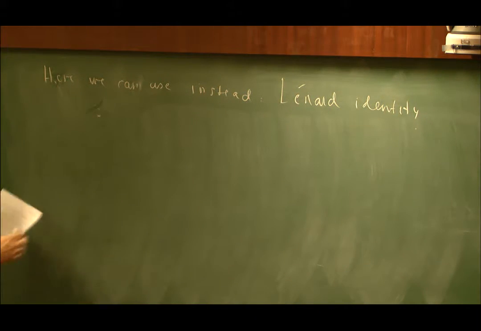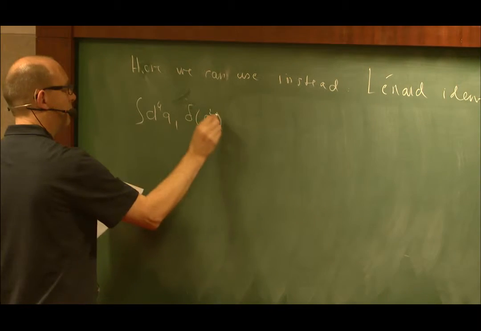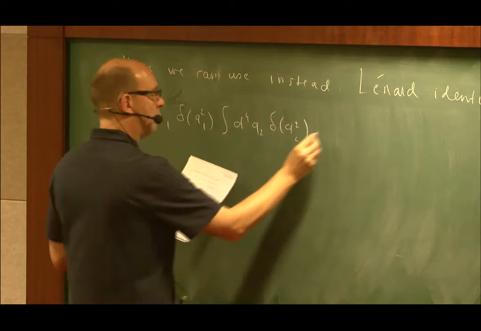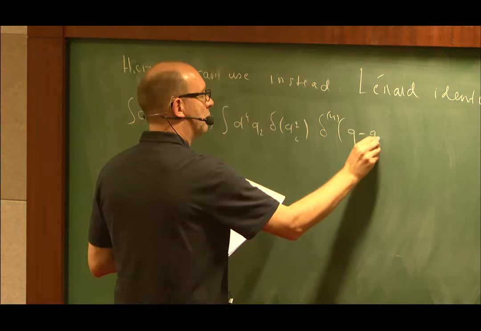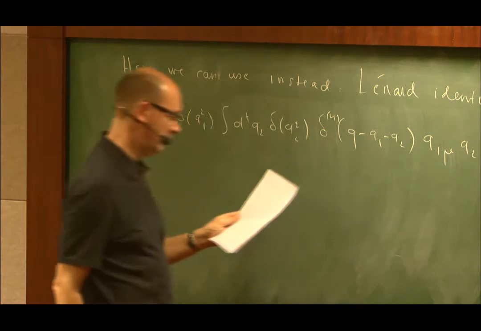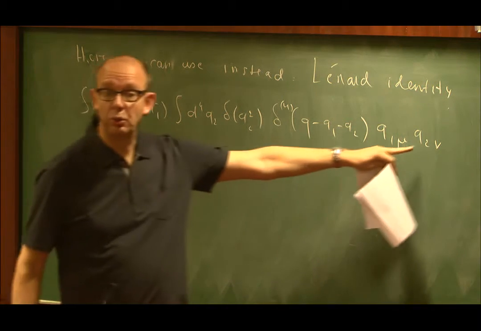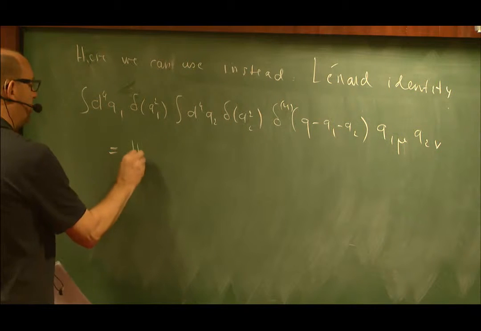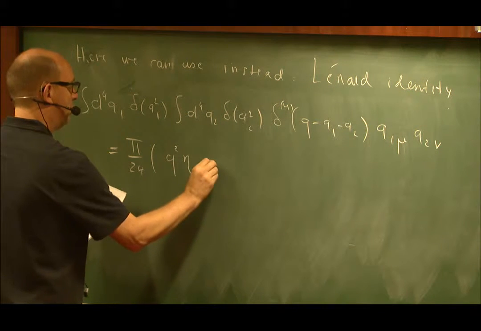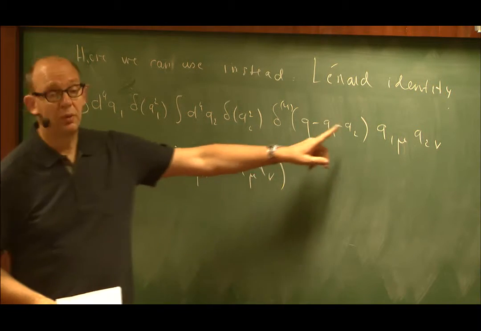And it says the following: the integral of d4q1 delta of q1 squared, d4q2 delta of q2 squared, delta 4 of q minus q1 minus q2, times q1 mu q2 nu, with these two vectors loose, is equal to pi over 24 times (q squared eta mu nu plus 2 q mu q nu), where q is the sum of these two momenta.